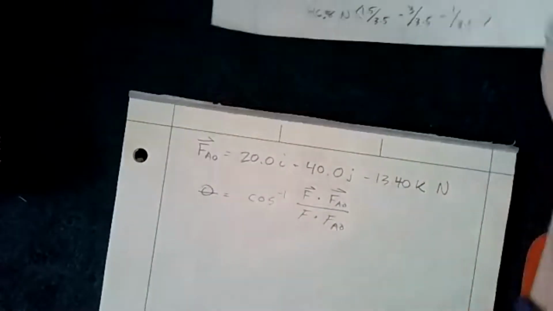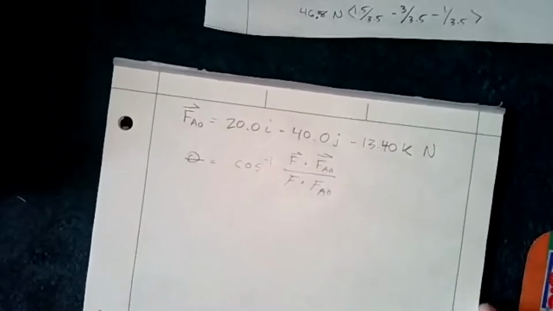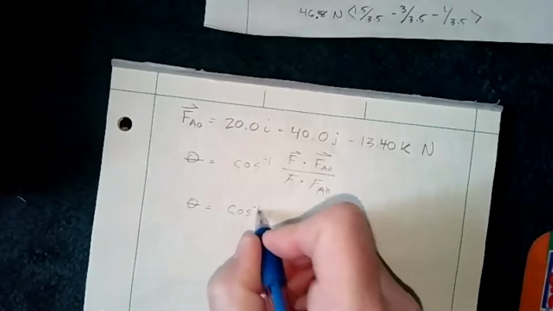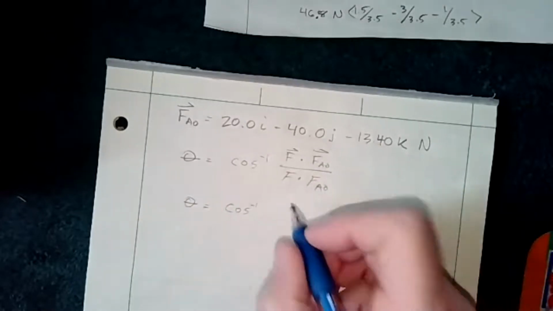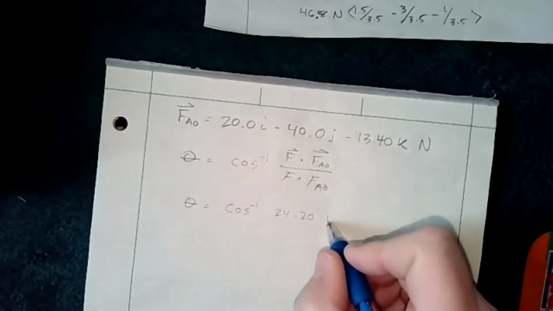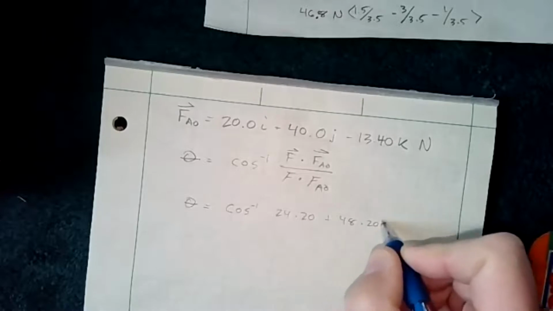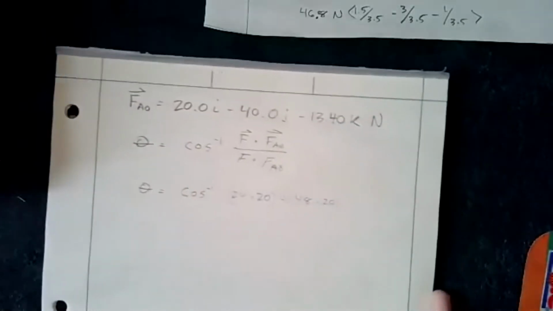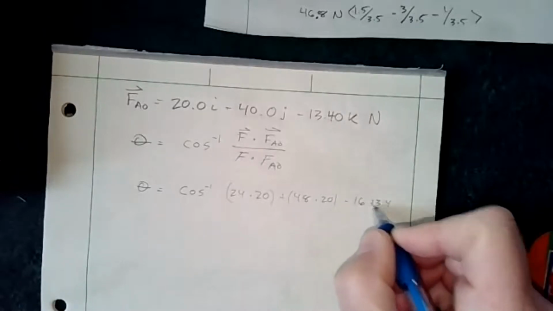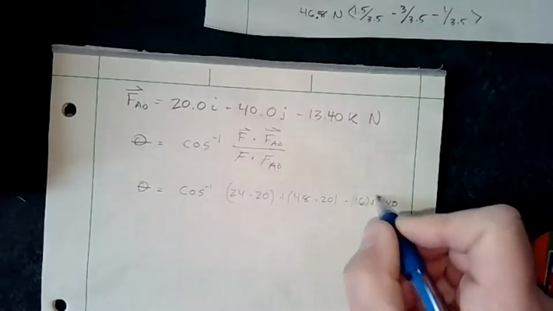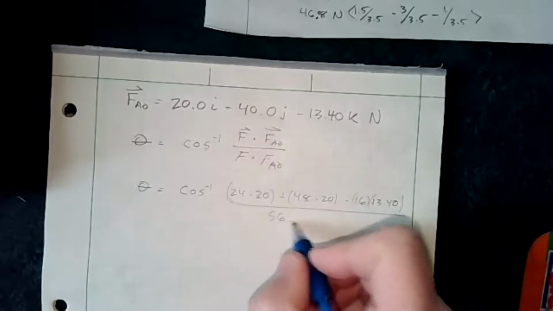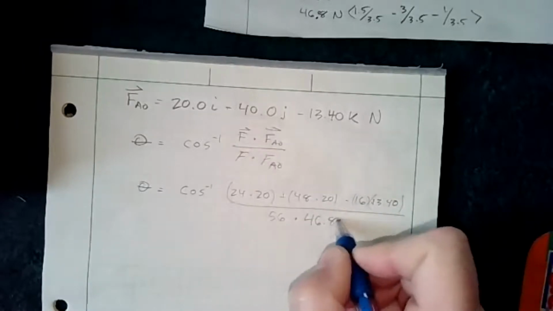And so in order to get that, we end up with theta equals inverse cosine of 24 times 20, that's my I component, plus 48 times 20, J component, minus 16 times 13.4, and then all divided by 56 times 46.8.